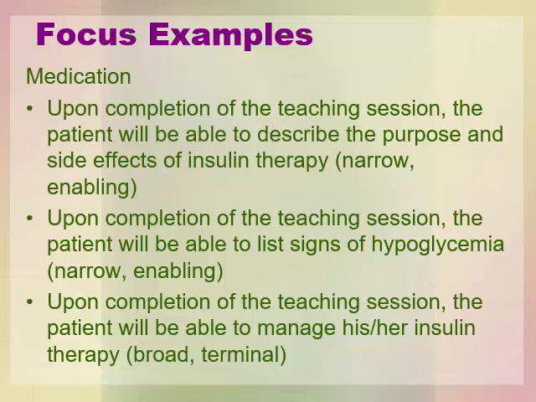We're not asking them to do any of the other components I listed would be part of the broad. And finally, upon completion of the teaching session, the patient will be able to list signs of hypoglycemia. Again, narrow, enabling. It's a very specific thing that we want them to do, and it does not encompass all of the learning they would need to do about insulin therapy.